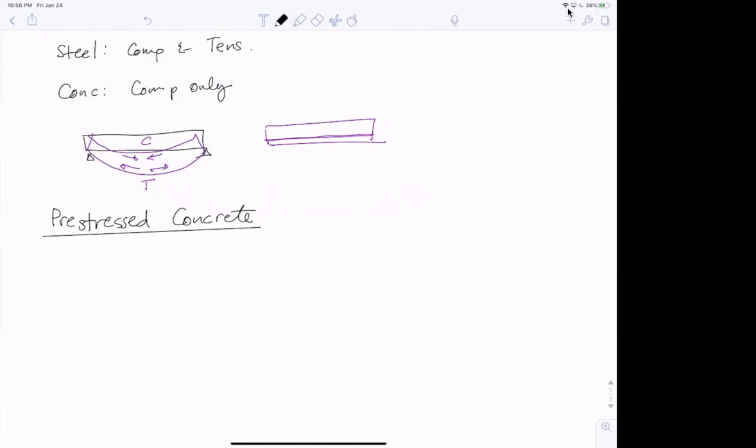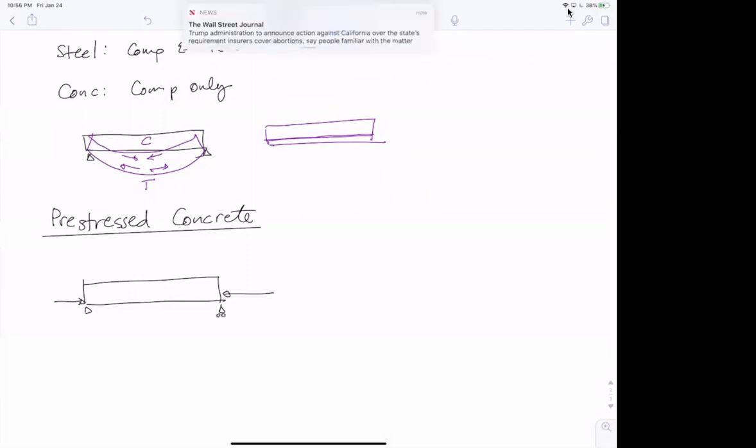One way to do that, so let's say you have a beam like this, and you're about to load it, is if you push the bottom like this, that will cause compression in the bottom, okay? And then when you load it, the bottom, which would be in tension due to this load P, would maybe not be in tension because of this load N, okay?